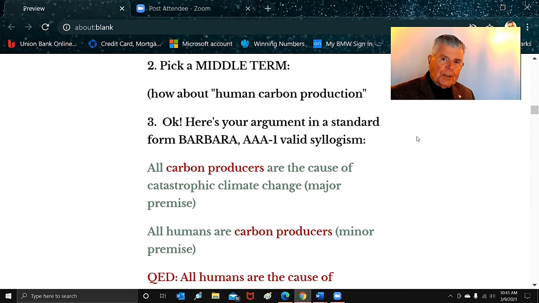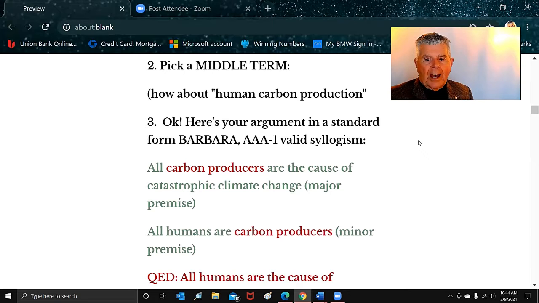So how do you pick a middle term? This is what gives students in my classes a lot of anxiety and hand-wringing and indecision. All you've got to do is ask yourself the question, what in my thinking connects with necessity the major term to the minor term?